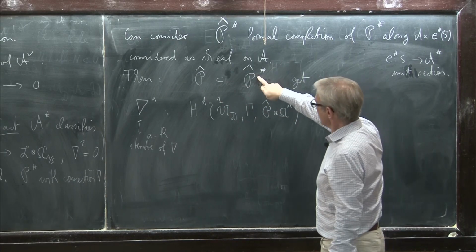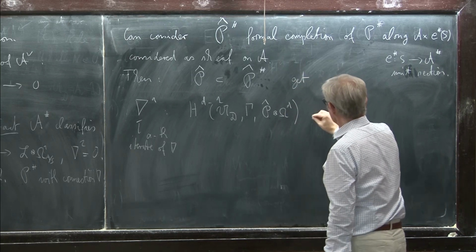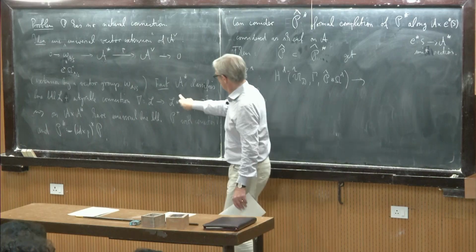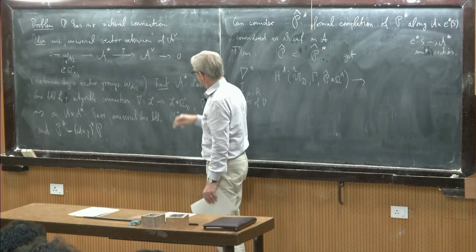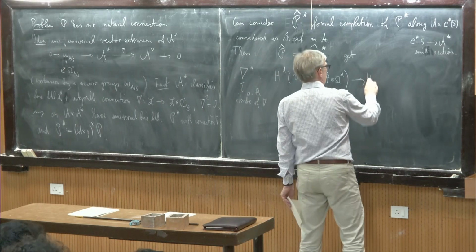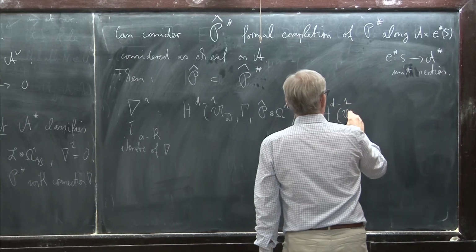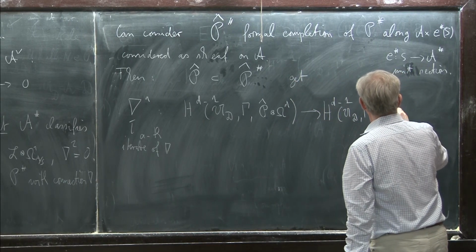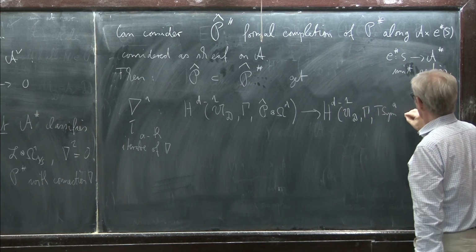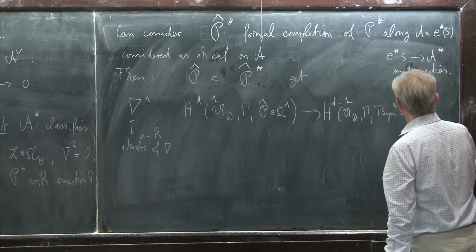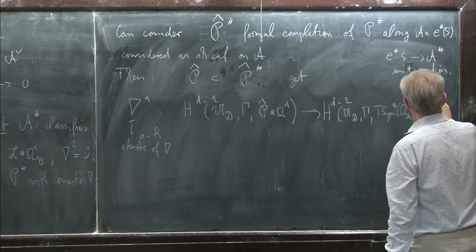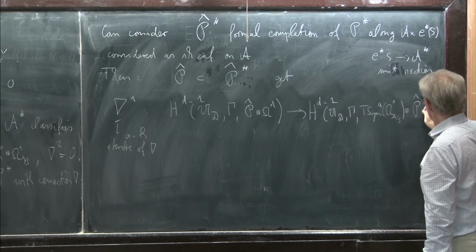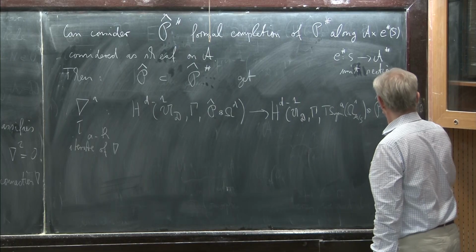We embed this into here, and then we apply nabla several times. And when we do this a times, then we land no longer in omega 1 of A over S, but in the symmetric tensor power of it. So we go into H^{D-1} of U_D gamma with the a-th symmetric tensor power of omega 1 A over S, tensor P hat sharp. Because we had to extend coefficients to this. And then we also have the omega D as before.